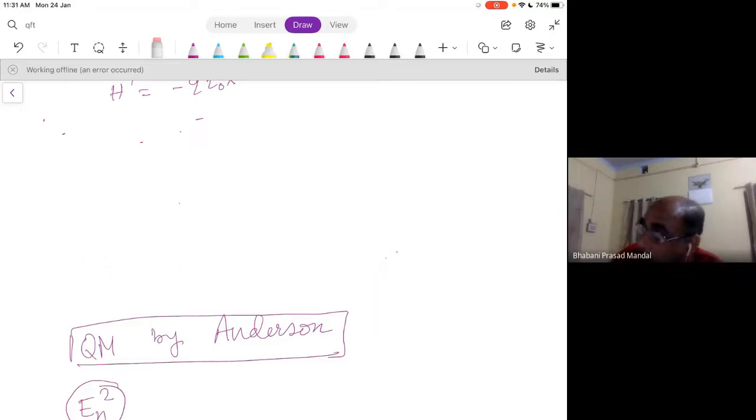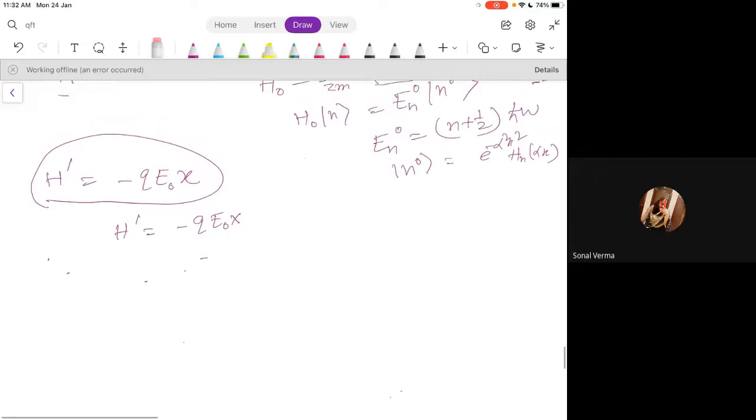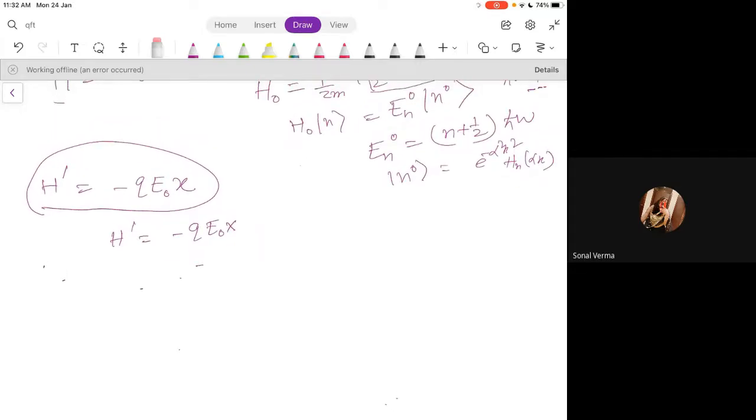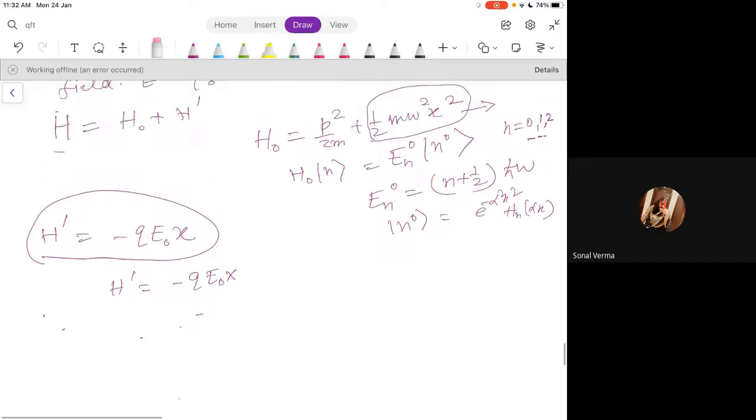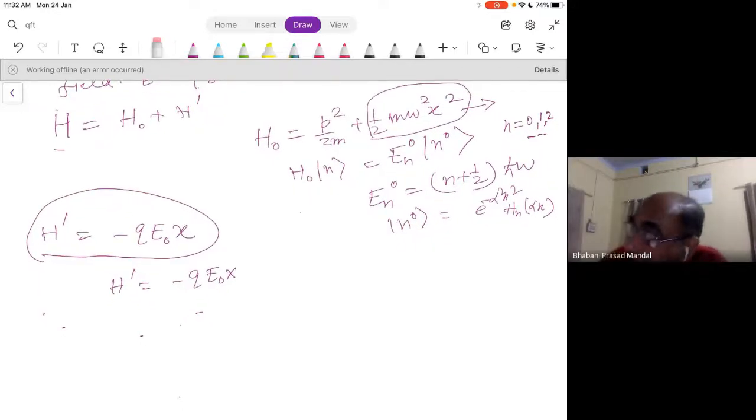Then what will happen? We'll get an additional term, and there'll be a change in the potential as well as the lowest point of the potential and all the nodes. Okay, that we'll see. Good, so that is the answer I was asking.